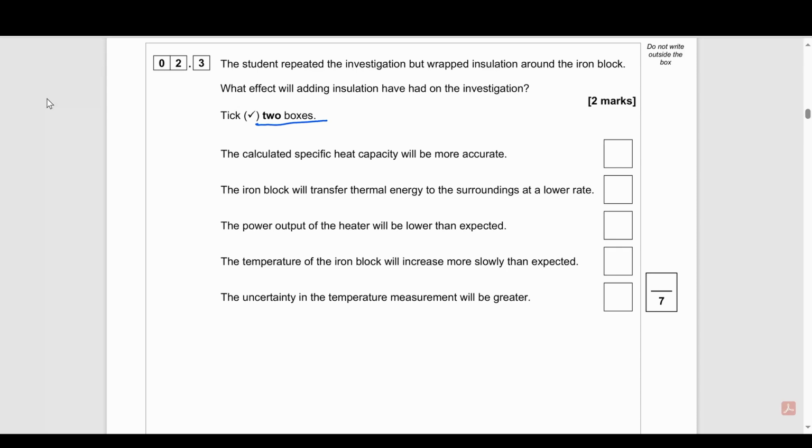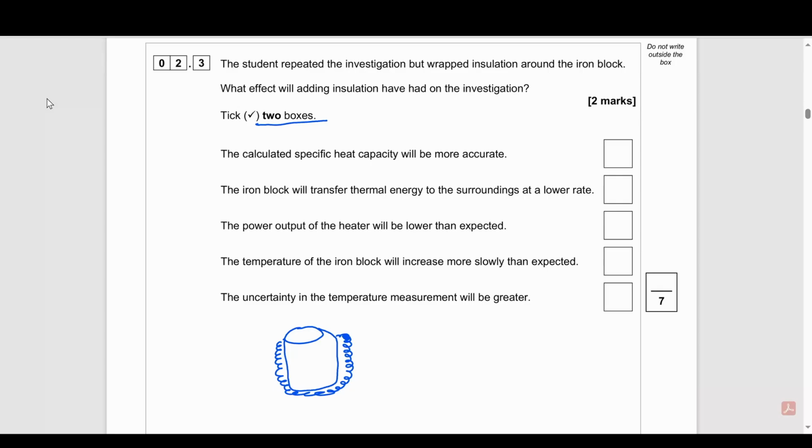Now let's think about what's happening here. We've got an iron block. It's just been heated in the presence of the heater. But what they have done is they've wrapped insulation around the iron block. Now, what would typically happen is the energy from the heater would be transferred to the iron block, but then the iron block itself would transfer energy in the form of thermal energy to the surroundings.